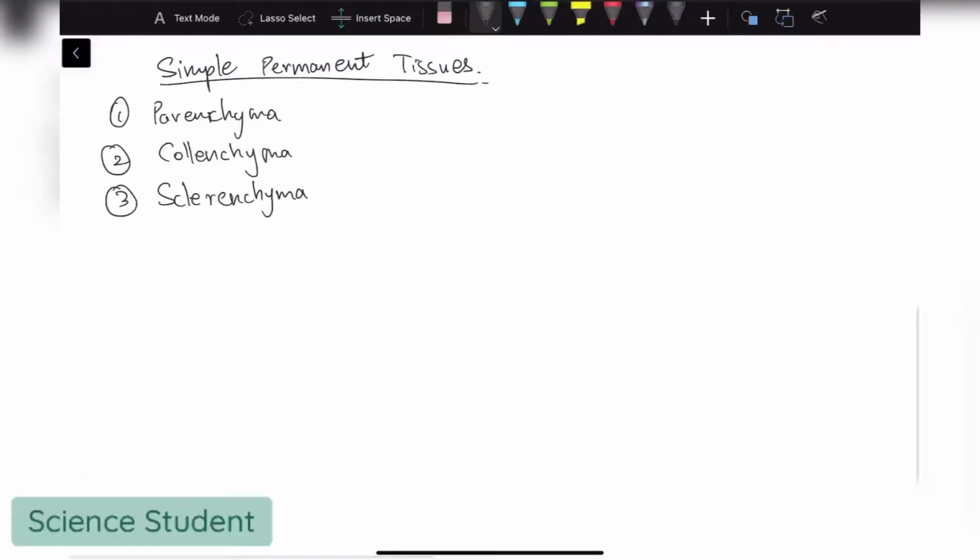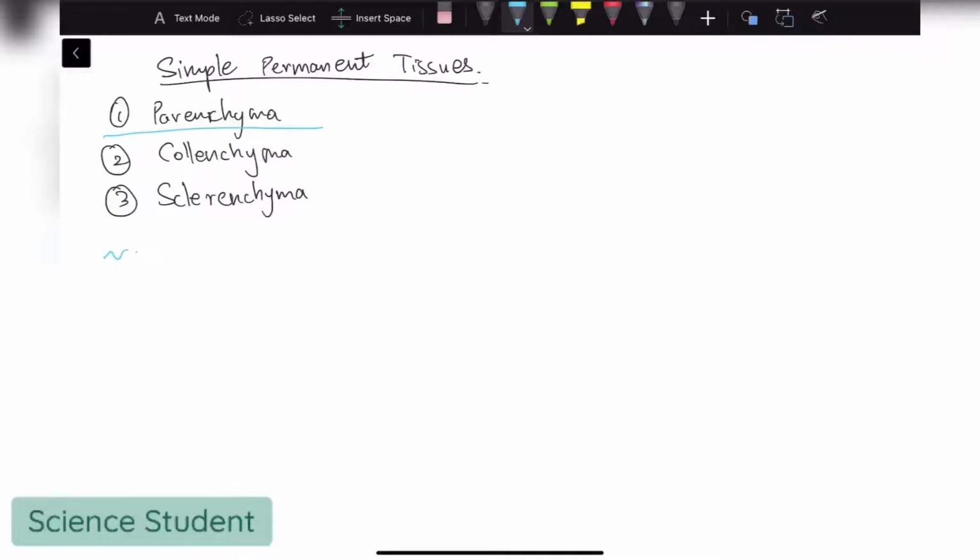Okay, these are the three types of tissues. Now let's start with parenchyma. I'll write about parenchyma in blue, so you would know which color I'm using.